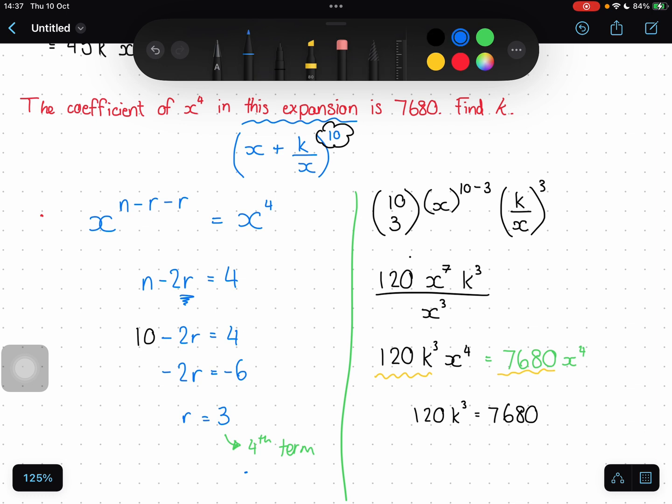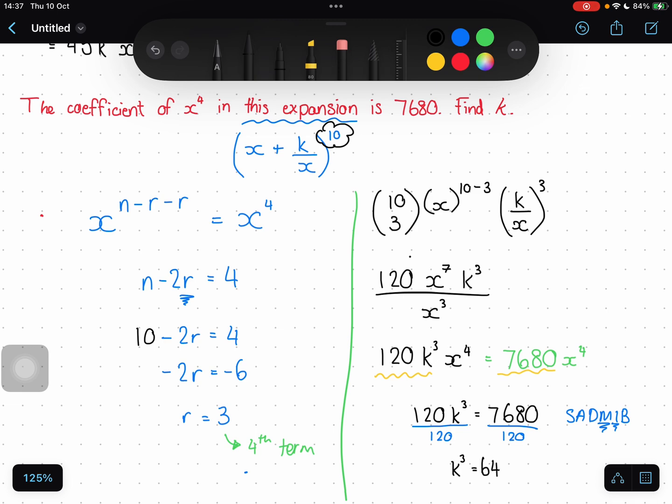We need to get rid of indices, and we need to get rid of stuff that's multiplying. Remember, if you're not sure what order to get rid of stuff in, you can use backwards BIMDAS. We have an index, the cubed, and we have something multiplying. So we get rid of what's multiplying first, by dividing by 120, so that we get k cubed is 64.